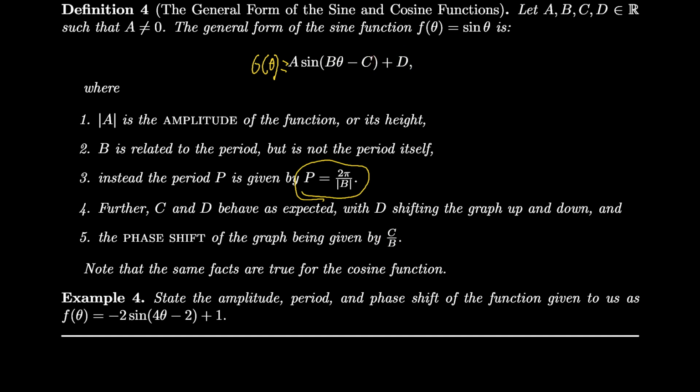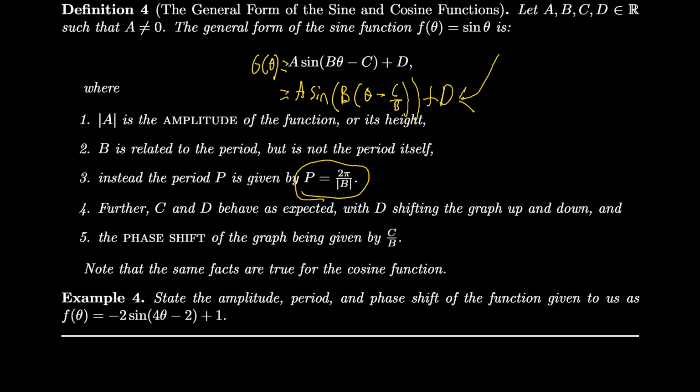That's because you can factor this as A times the sine of... basically, you could pull a B out of this on the inside. If you pull a B out of B theta, you're left with theta. But if you pull a B out of just C, you're left with C over B, like this, plus D. This form is the one we normally use to help us process what a sine and cosine function is doing exactly.